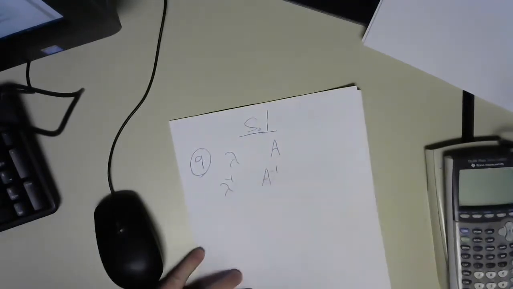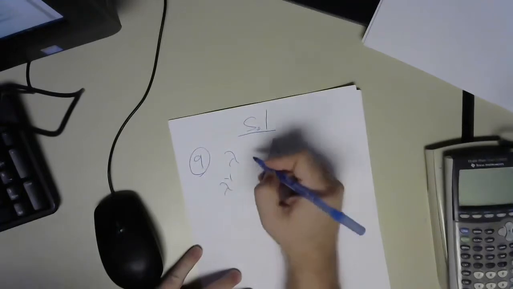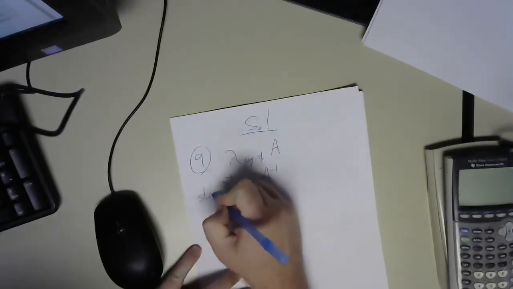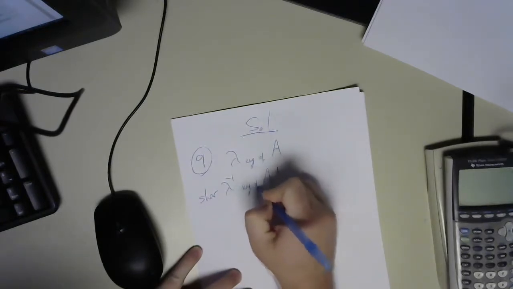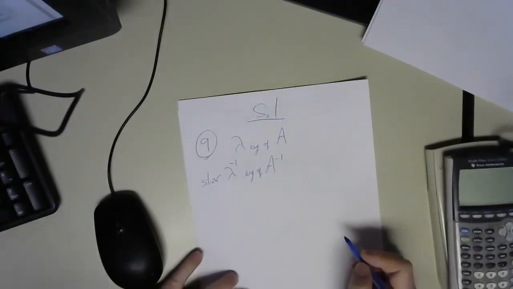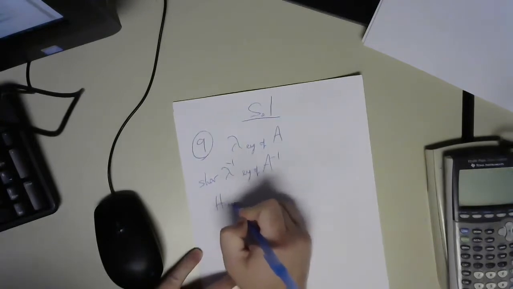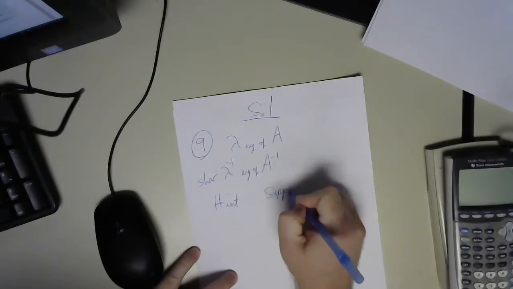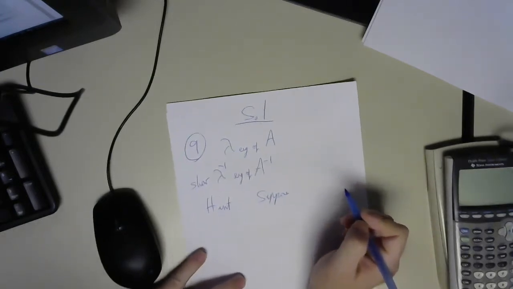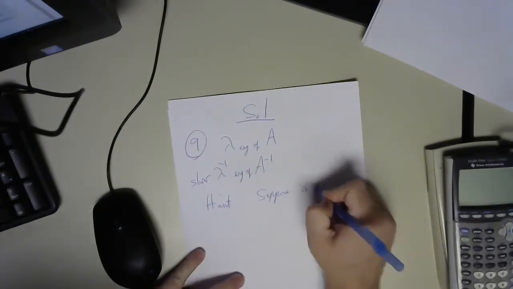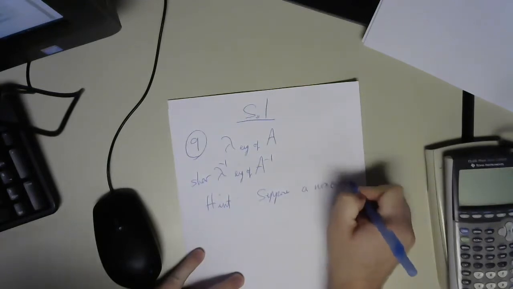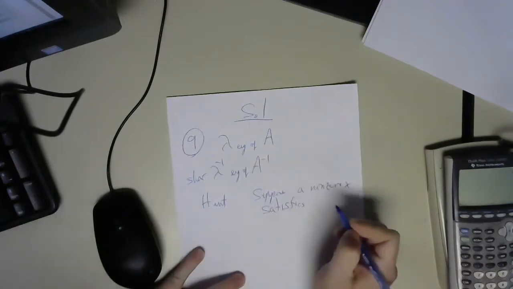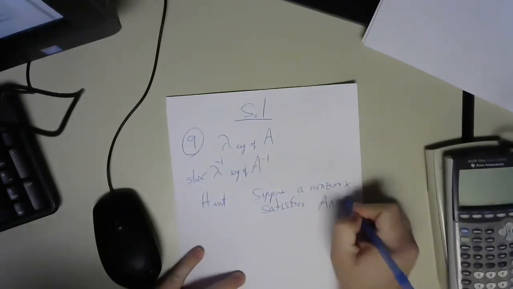So, okay, and they give us a little hint. And the hint is this. Suppose a non-zero x satisfies Ax equals lambda x.